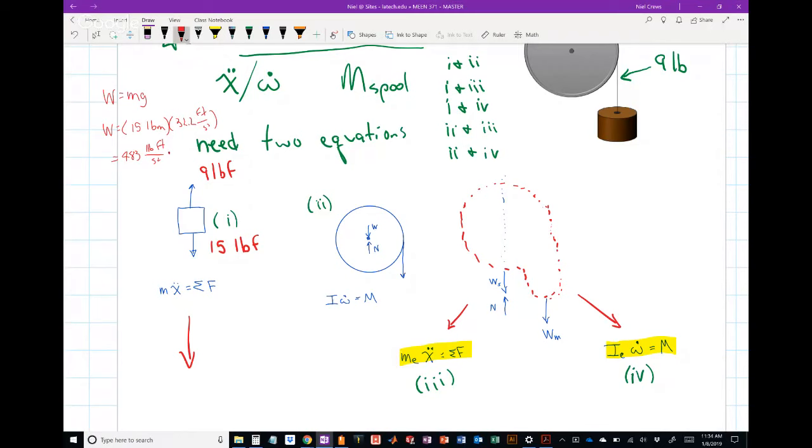But we need to not put it in pound mass feet over second squared, because the units of weight here is going to be a force, right? Force versus a force.